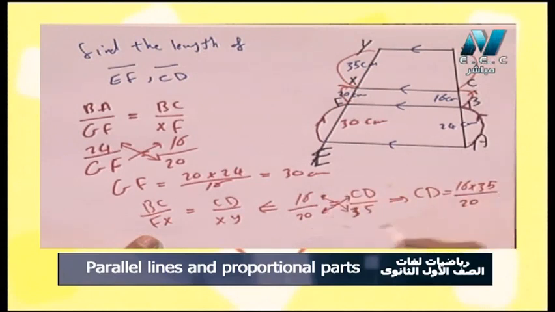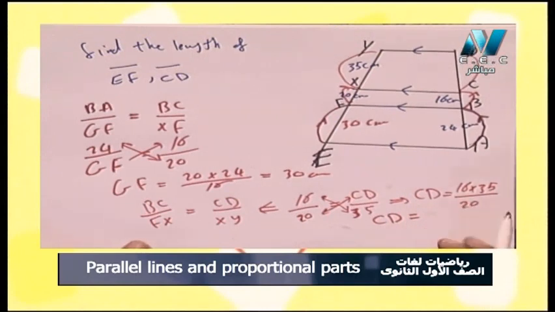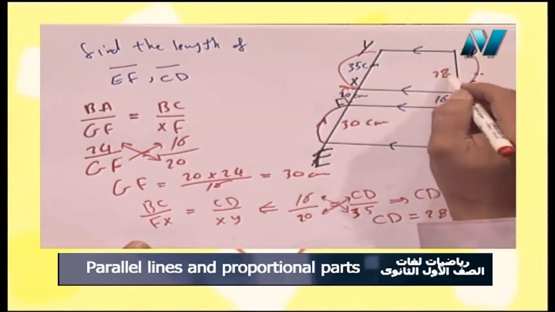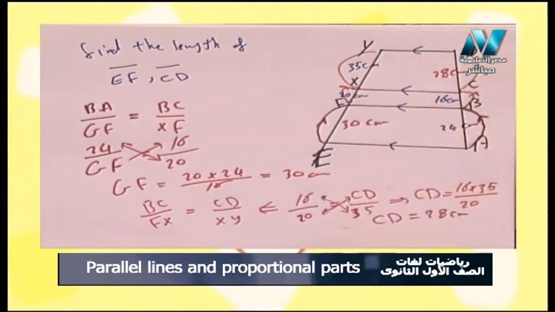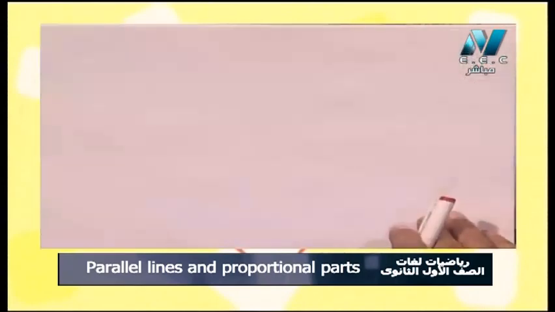We use cross multiplication. So CD, by using your mind or your calculator, the answer will be 28 centimeters. And we have finished this question.